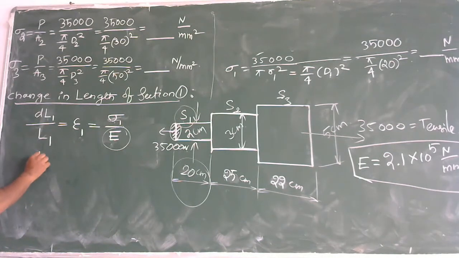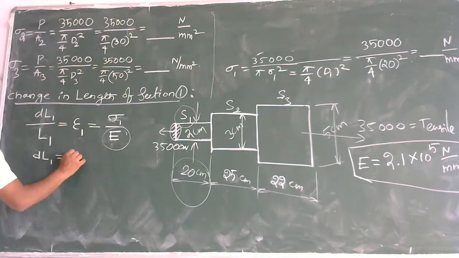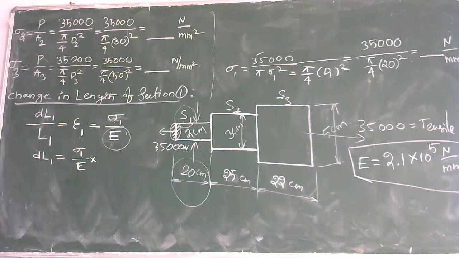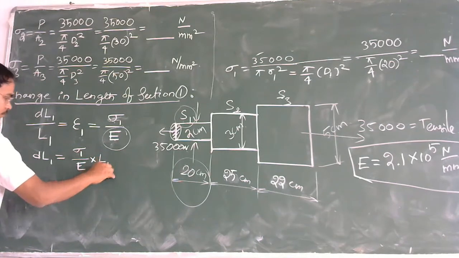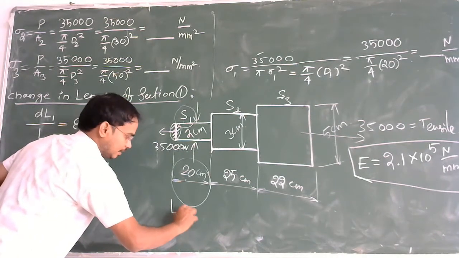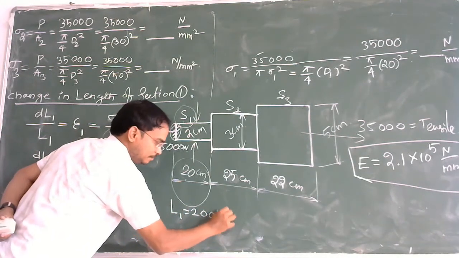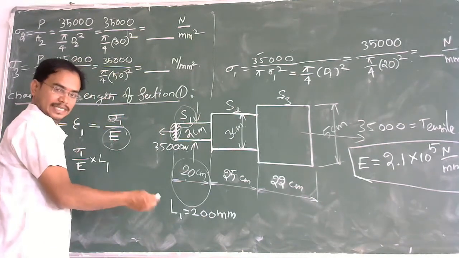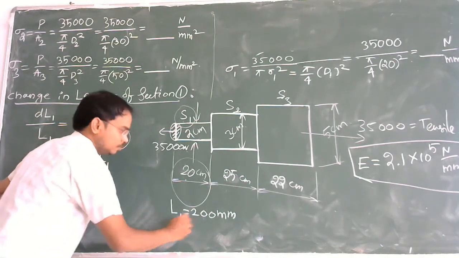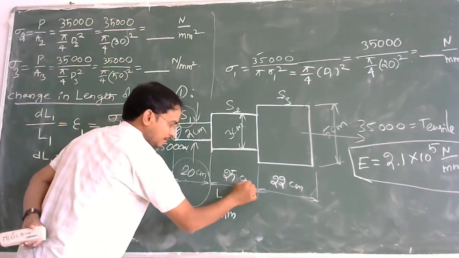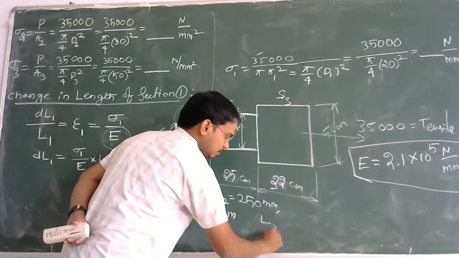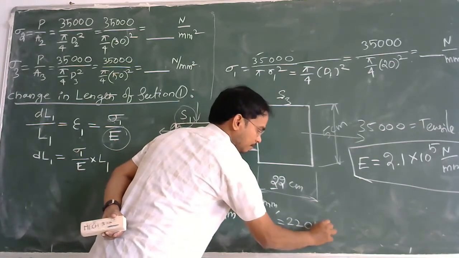Then dl1 is equal to sigma 1 by E into L1. L1 is known, 20 centimeters, so I can write L1 as 200 mm. Next L2 is 25 centimeters, so 250 mm. L3 is 220 mm.